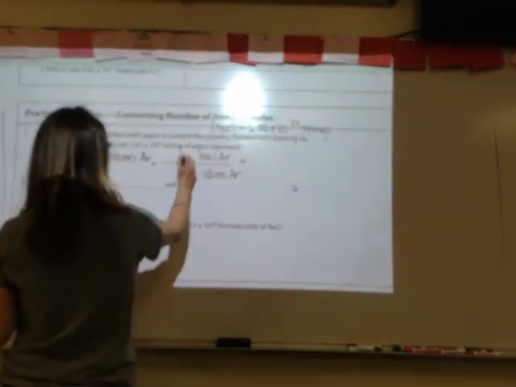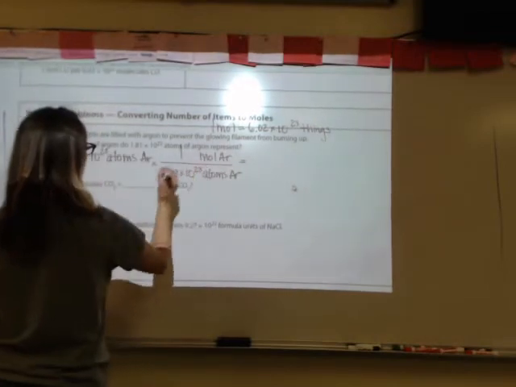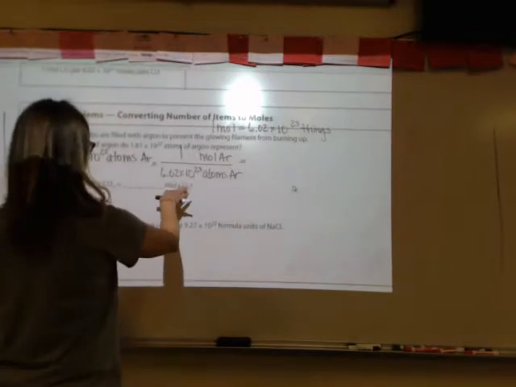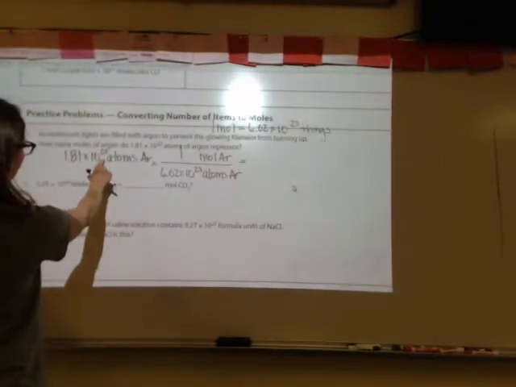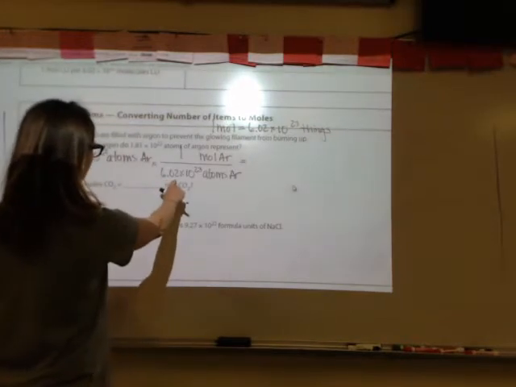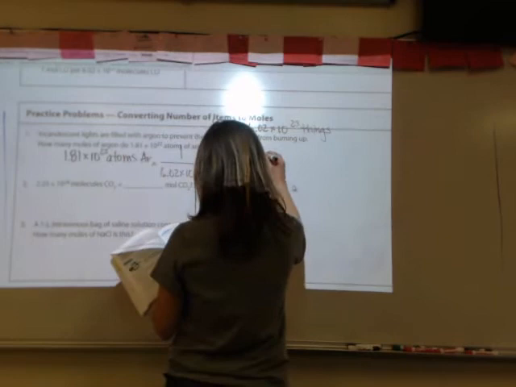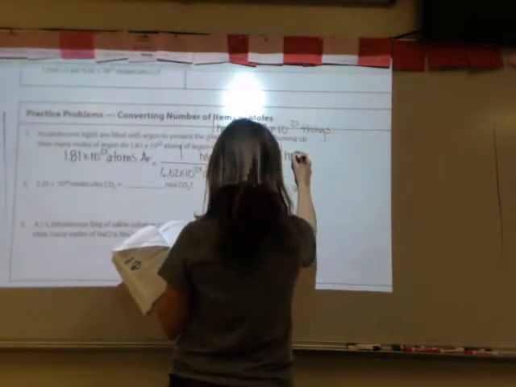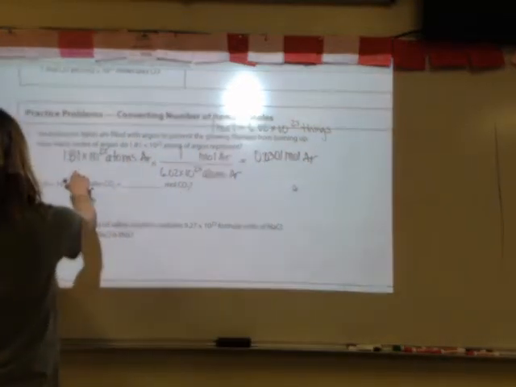So that goes here, and then my atoms would have my 6.02 times 10 to the 23rd with it because those are my things. You're dividing 1.81 second E22 divided by 6.02 second E23 is going to give you 0.0301 moles of argon. 3 sig figs, 3 sig figs.